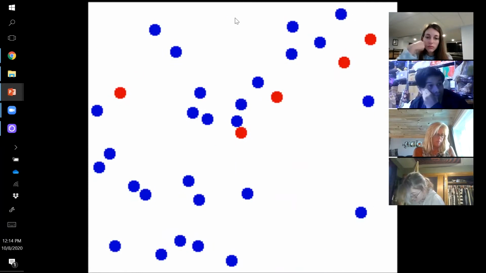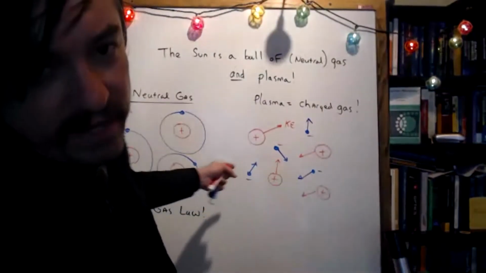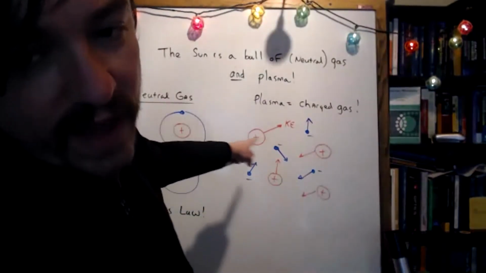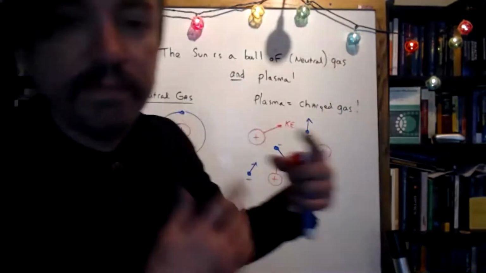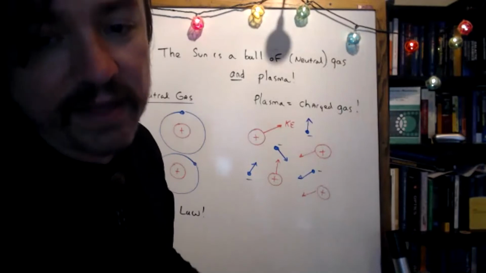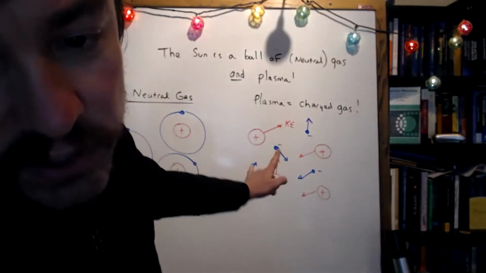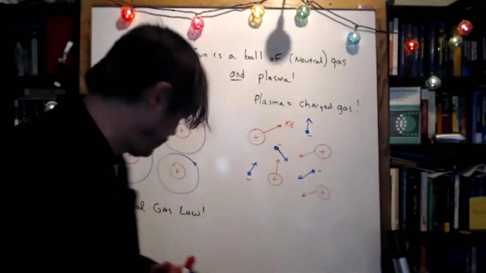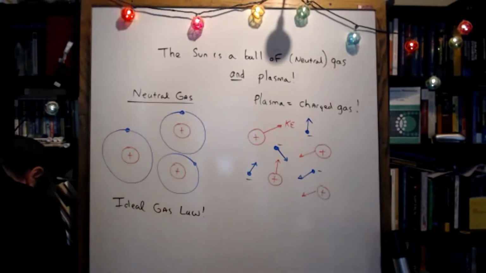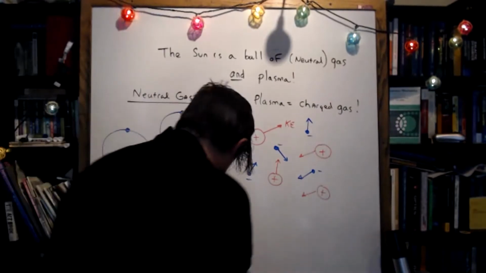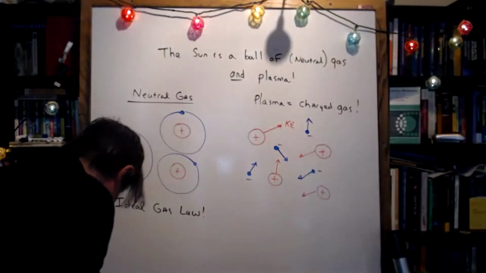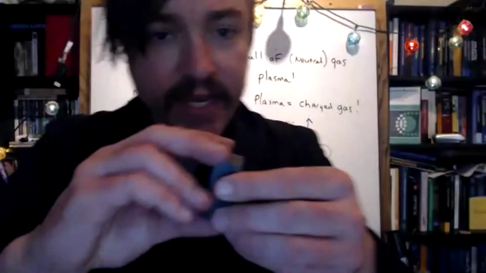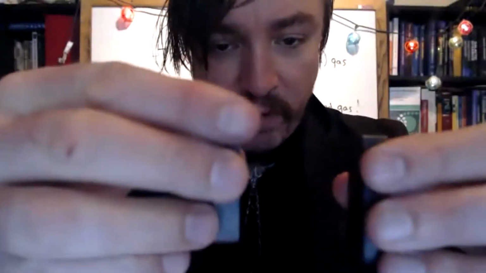But as I'm sure you could imagine, and it's difficult to get an animation for this, once you add the charges, the particles are going to start swimming around and moving around in very complicated ways. For instance, anytime 2 electrons come close to each other, those electrons are going to behave just like the way magnets behave when you try to push 2 north poles together.